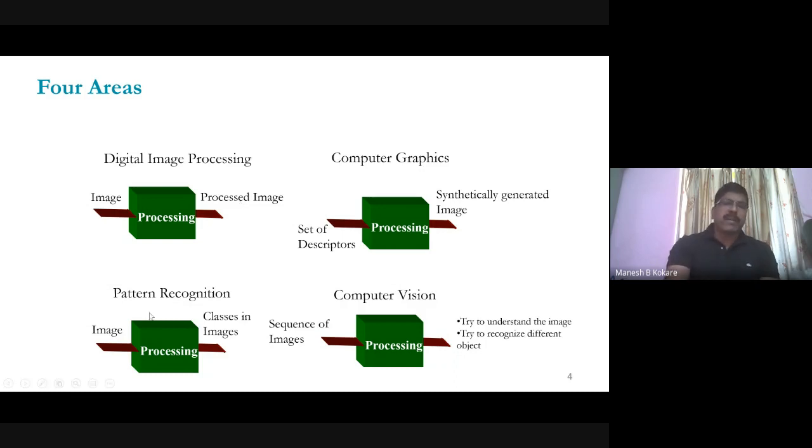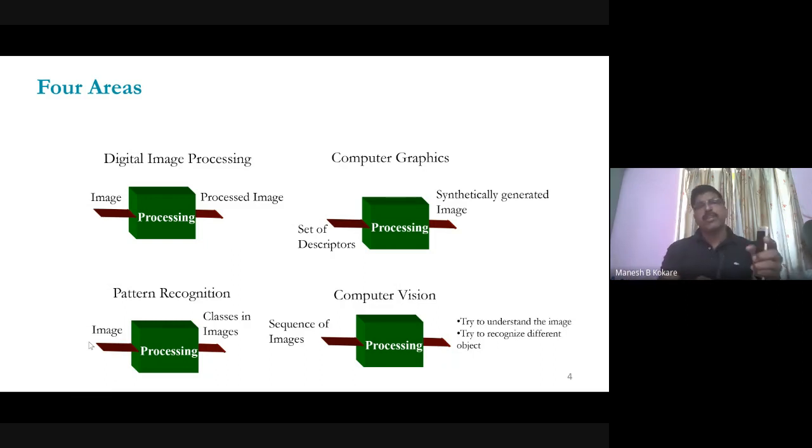Whereas in pattern recognition, your input is an image, like for example this, then the processing happens and it identifies, for example, this is a mobile class. Again, if I show this as an image to the system, it will identify it as a pen or something like that.